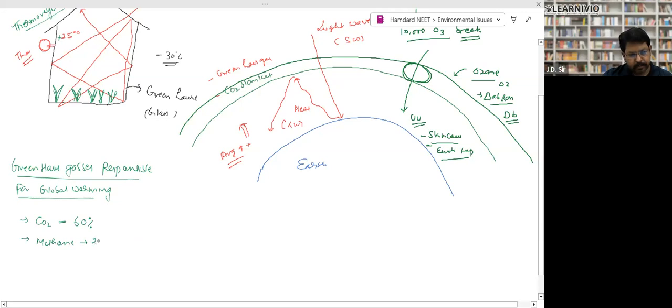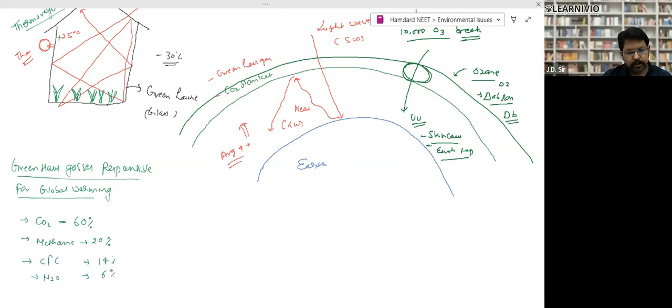That is 20%. CFC, chlorofluorocarbon, 14%. And nitrous oxide, N2O, that is 6%. So this is the sequence of the greenhouse gases, right?